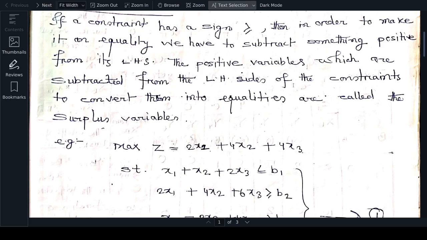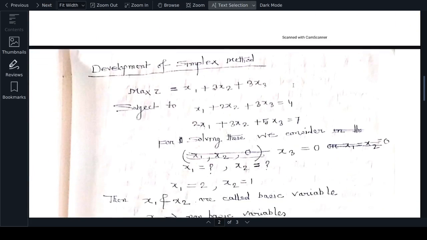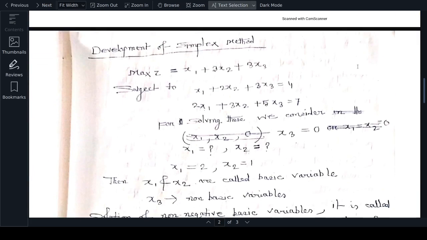I have given max z equal to x1 plus 3x2 plus 3x3 subject to x1 plus twice x2 plus 3x3 equal to 4 and twice x1 plus 3x2 plus 5x3 equal to 7. Roshni, have you got this one? This equation?